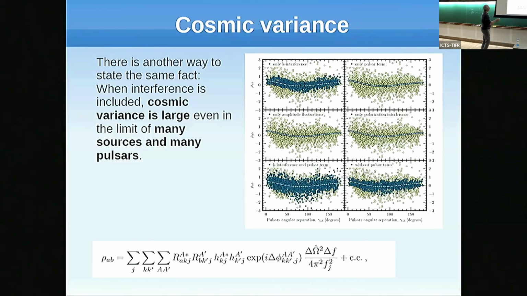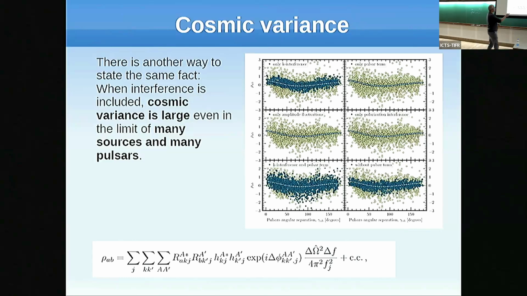So now in the top left, I do the same, but this time I neglect certain terms. It says only K interference, but what I mean by that is that I neglect the interference in the different polarizations. So I say this is diagonal in the polarization, so there's a delta AA prime, and I also neglect the pulsar term.